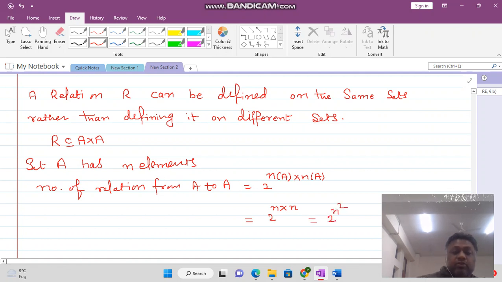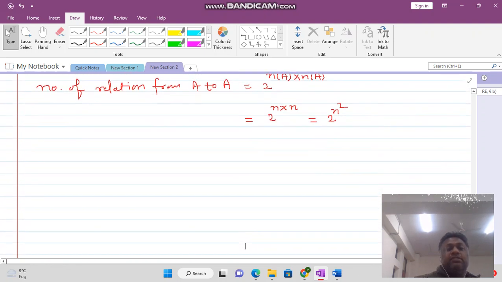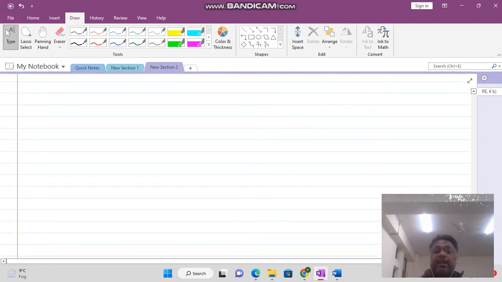In this way you can find the total number of relations from set A to set A, and these are equal to 2 raised to the power n square.